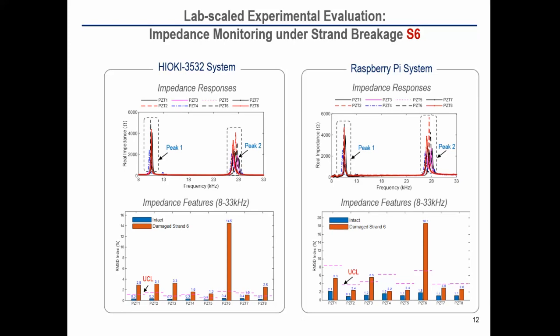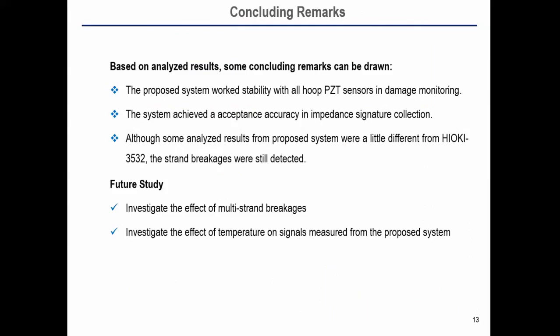You can see here that the RMSD index was over the UCL and the highest at PZT6, which means damage occurred and strand breakage was detected at strand 6.